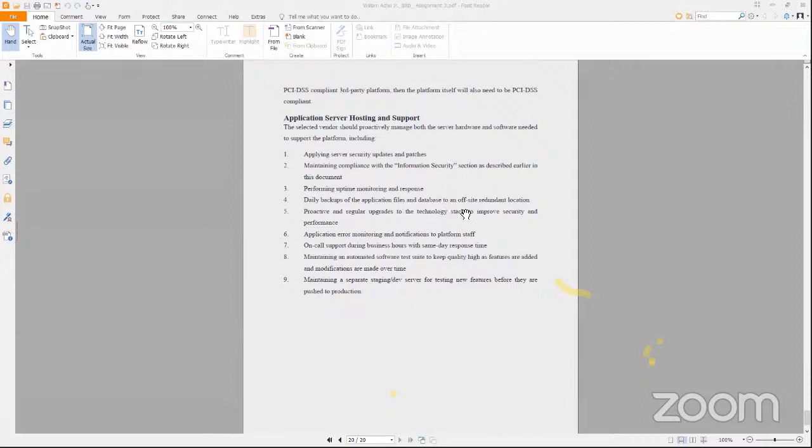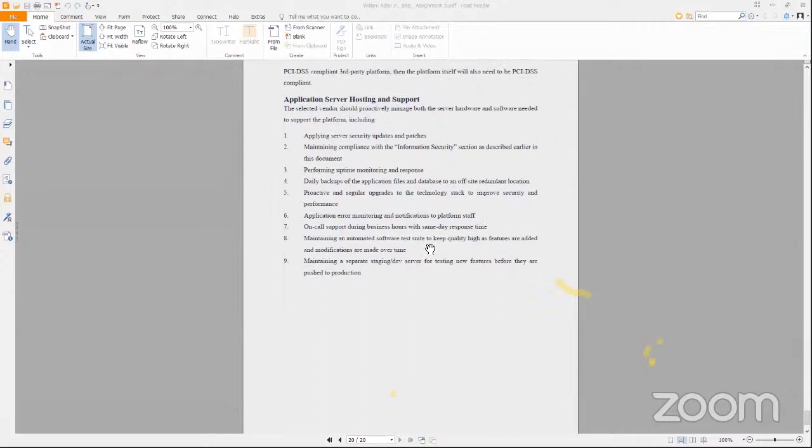Also proactive upgrades to the technology stack, application error monitoring, on-call support during business hours, and maintaining a separate staging server for testing new features before they are pushed to the platform.